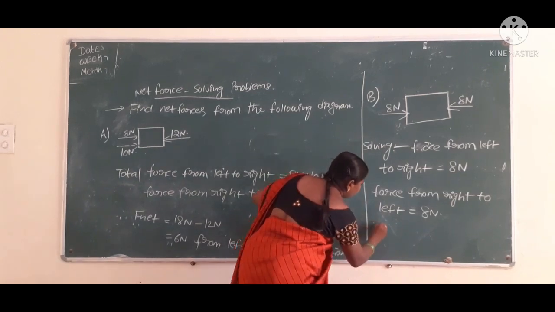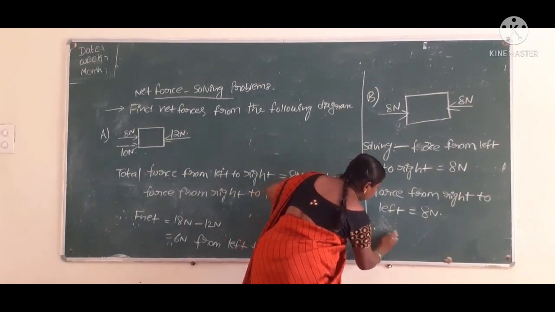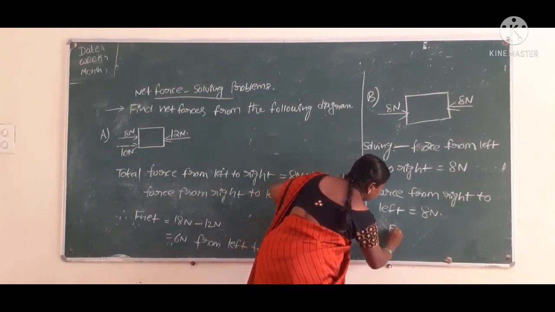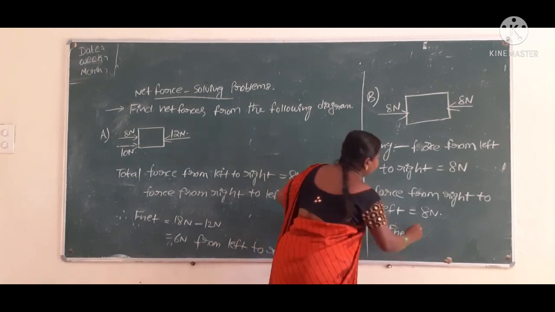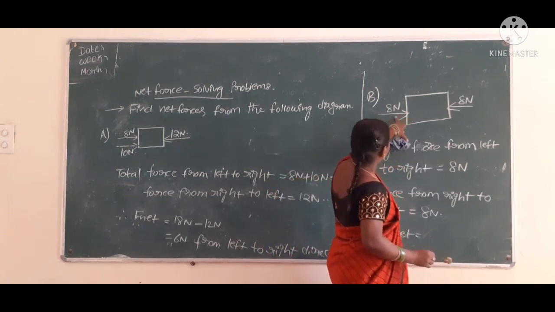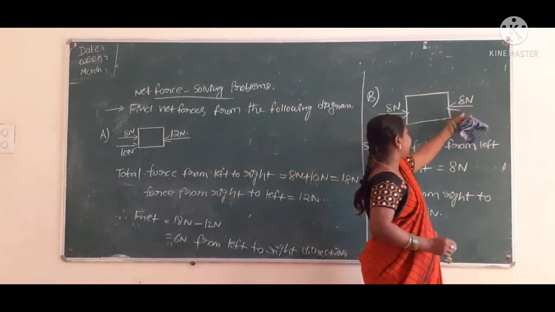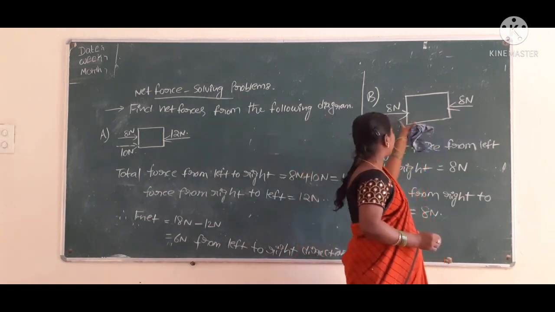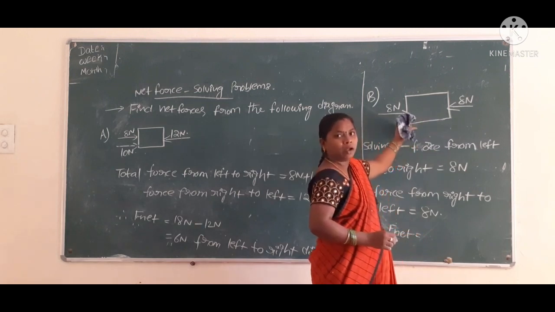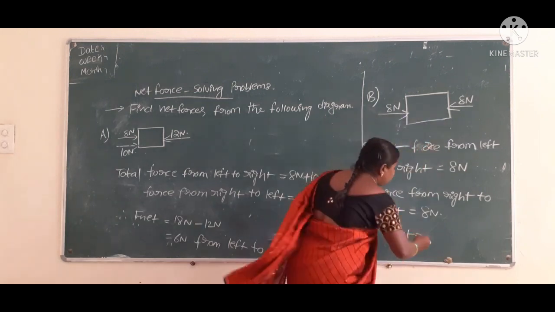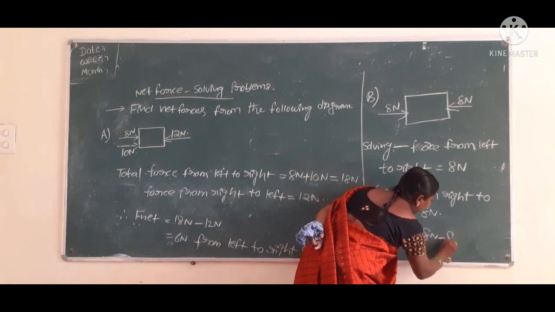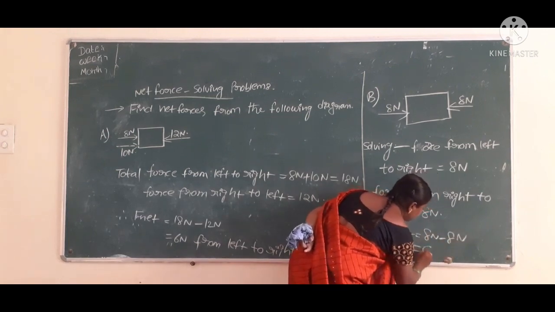Therefore, Fnet is equal to the biggest number minus the smallest. The left direction and right direction forces acting on the object are the same. So this is 8 newtons minus 8 newtons, which is 0.